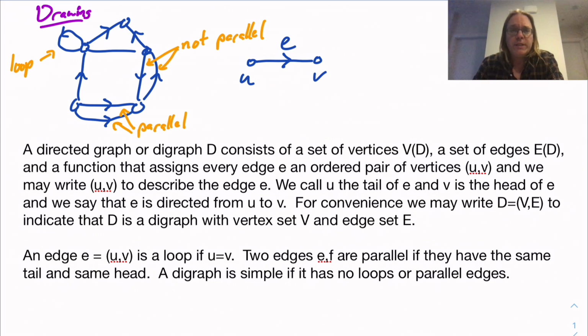Just as we did in the setting of graphs, a drawing is a nice way to present a graph, a nice way to think about a graph. When you want to reason about it formally in your proof, the digraph is a set of vertices, it is a set of edges, and it's this function that associates every edge with an ordered pair of vertices.